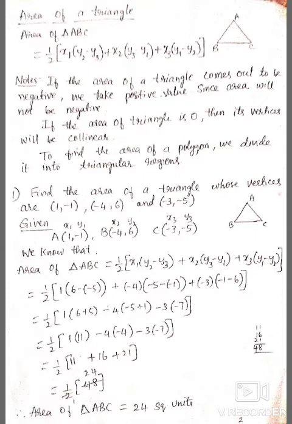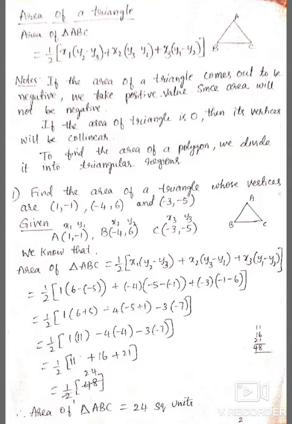That is equal to half of, substituting the values: x1 = 1, y2 = 6, y3 = −5, x2 = −4, y3 = −5, y1 = −1, x3 = −3, y1 = −1, y2 = 6.